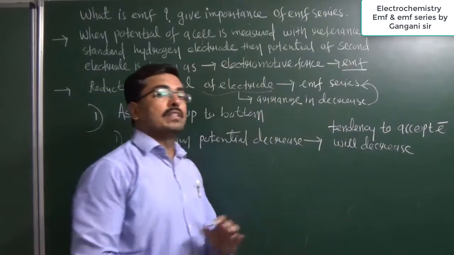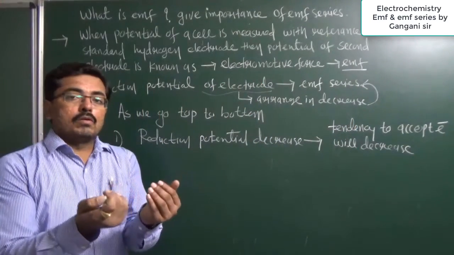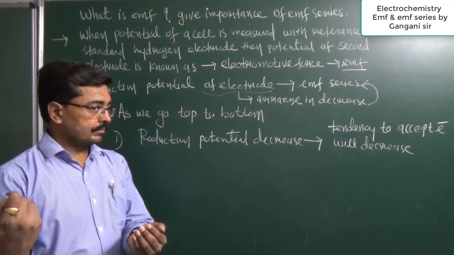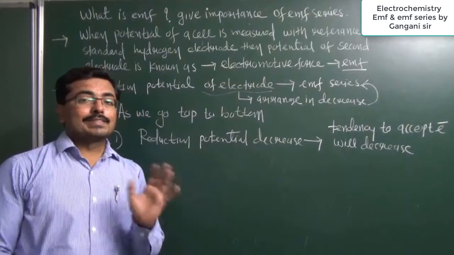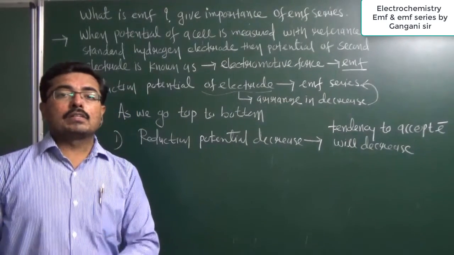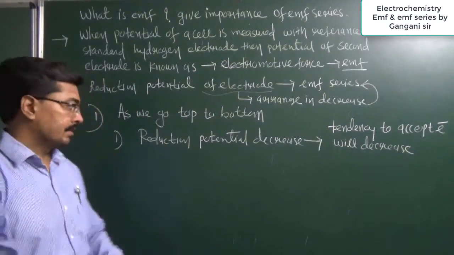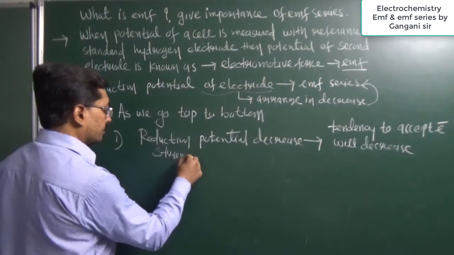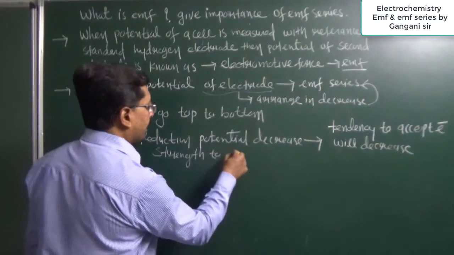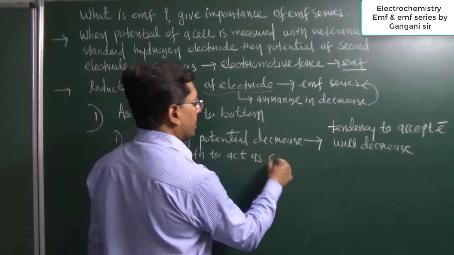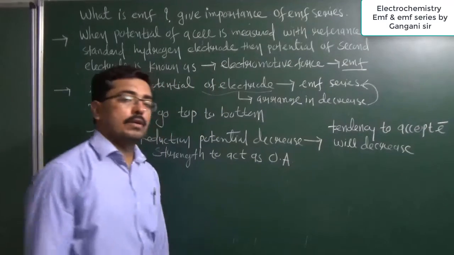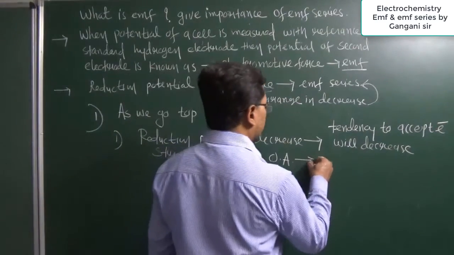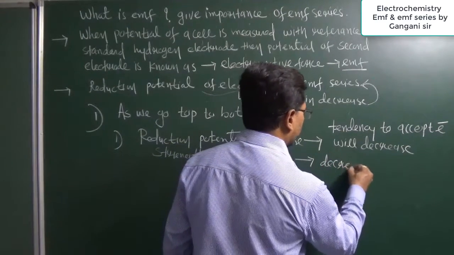It means its strength: a substance which is an oxidizing agent will take electrons. So the strength to act as an oxidizing agent (OA) will decrease as we go from top to bottom.